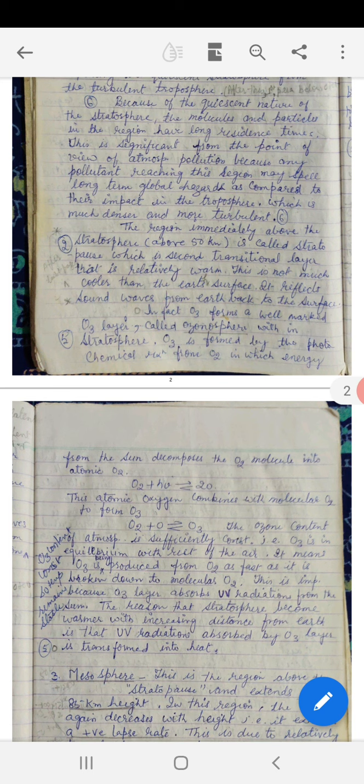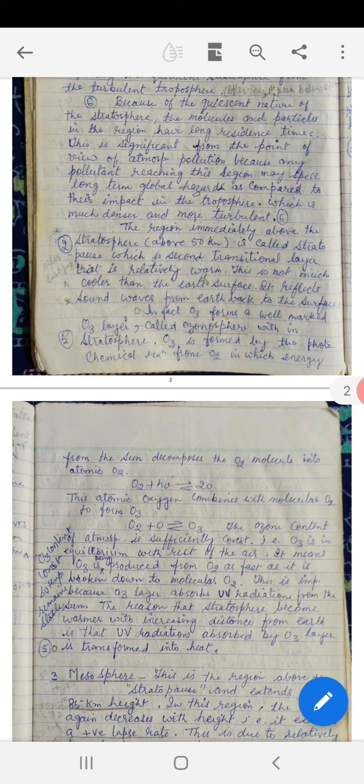The temperature at the top of the mesosphere reaches about -92 degrees centigrade. Immediately above the mesosphere is another transitional layer called the mesopause, which is the region of minimum or coldest temperature in the atmosphere, about -100 degrees centigrade.